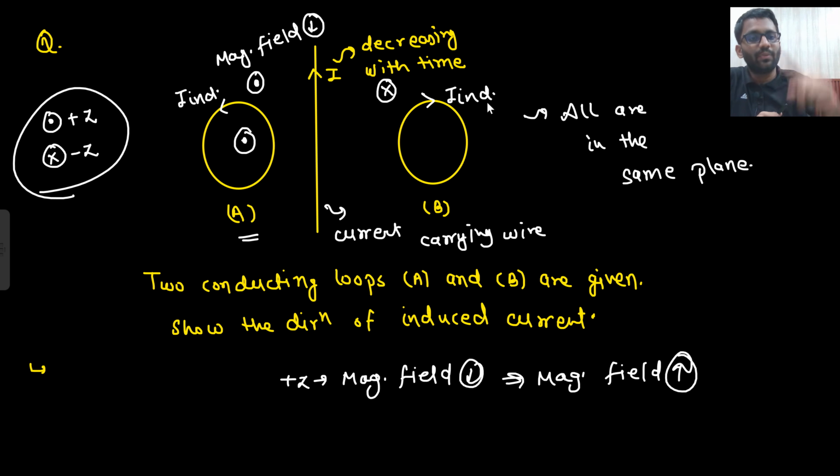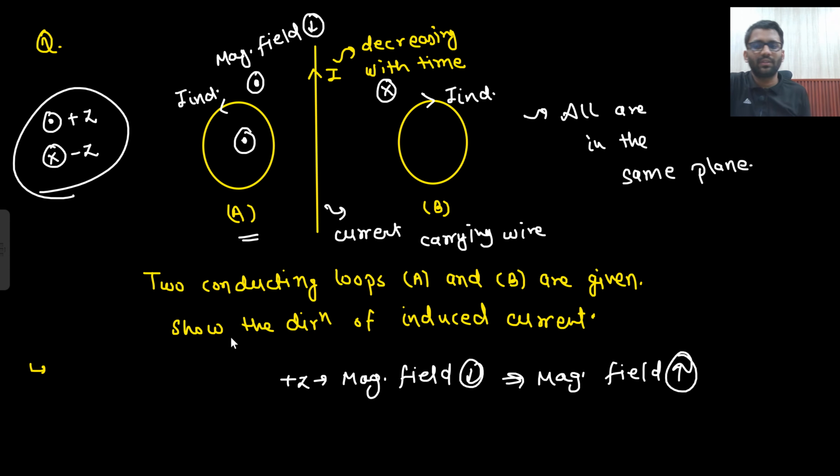So current should be induced in a manner that in the minus z direction, your magnetic field should increase. Again I am repeating, if in the minus z direction your magnetic field is decreasing, then current should be induced in a manner that in the minus z direction, the magnetic field increases. So current should flow like this.